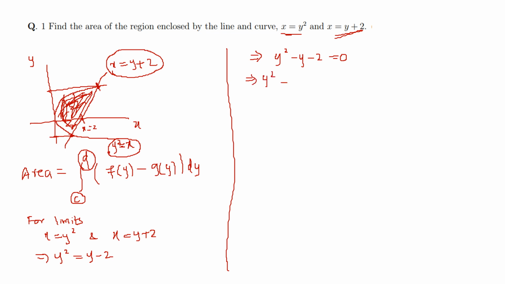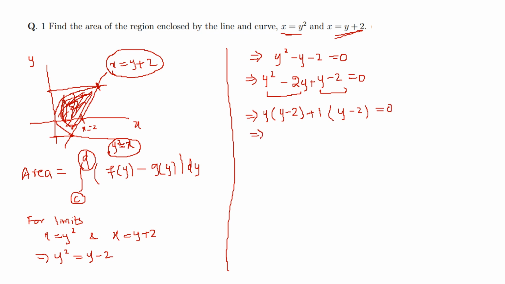That is y square minus 2y, by breaking the middle term, plus y minus 2 equal to 0. From these 2 terms we can take y common. This gives me y into y minus 2. From the last 2 terms, we can take plus 1 common, and here I get 1 into y minus 2 equals to 0.